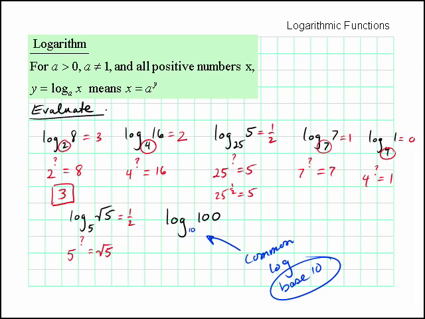It's called a common log, and that's the log button that's on calculators. The calculator log button does not do base 2 or 4 or 5. It only does base 10. So this one is asking 10 to what exponent gives us 100. And that would be 2. 10 squared is 100, and so this logarithm is equal to 2.